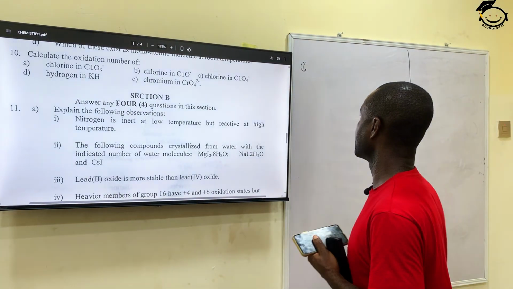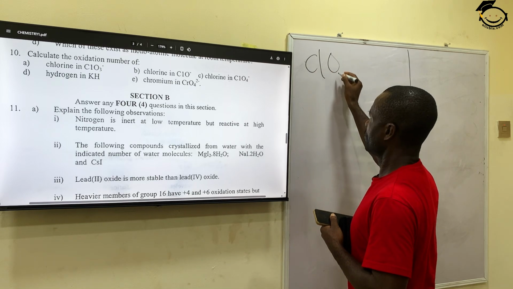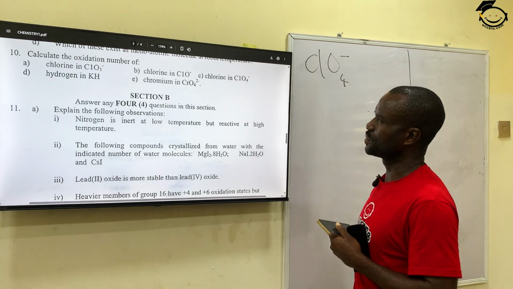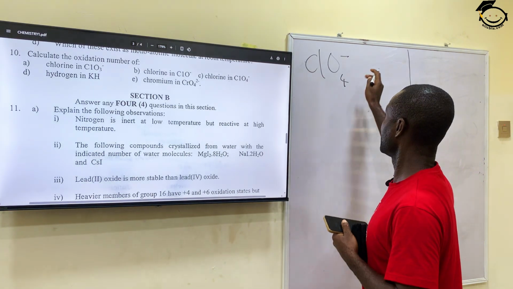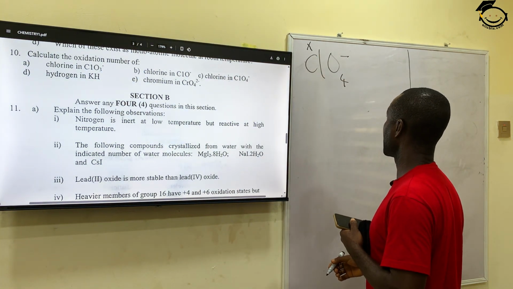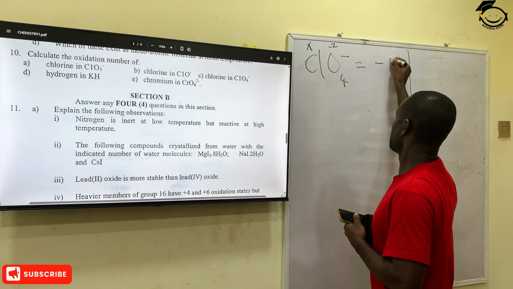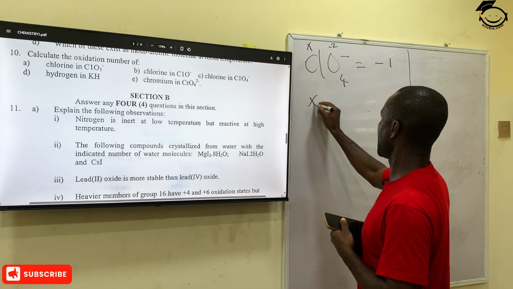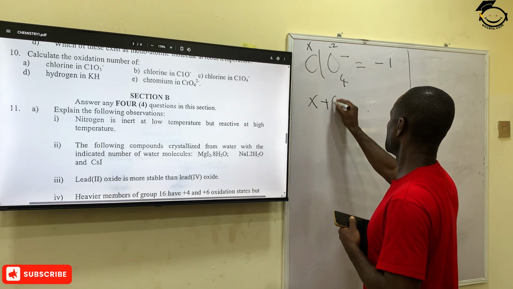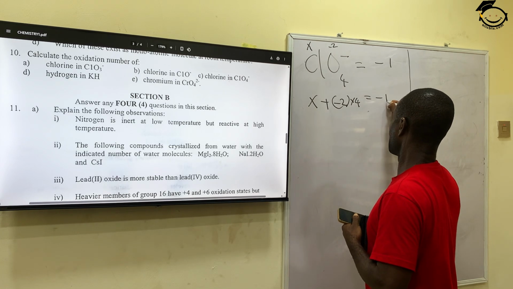Question 10C. ClO4 minus. The oxidation number of chlorine in this ion, the same thing. Let's say the oxidation number of chlorine is X. Oxygen is minus 2. So equate everything to minus 1. In this case, X plus minus 2 times 4 equals minus 1.